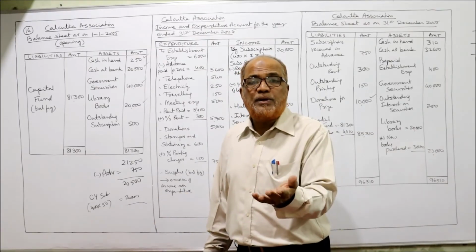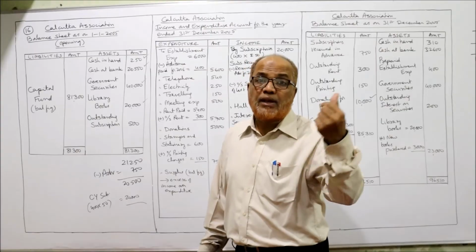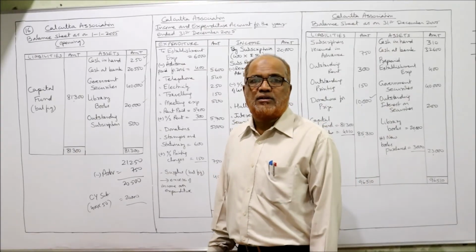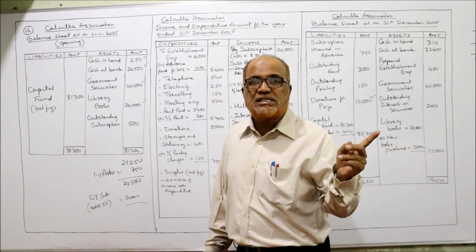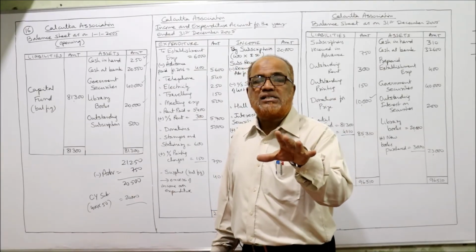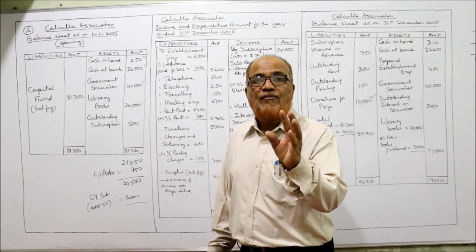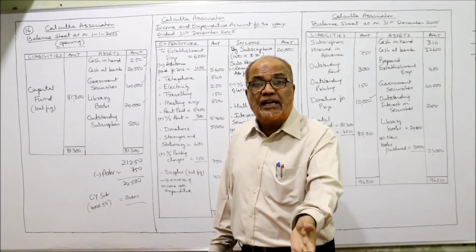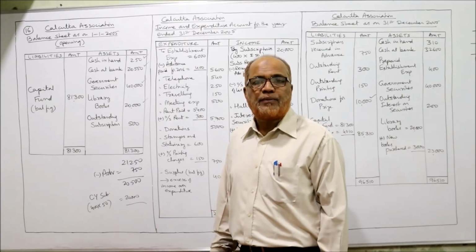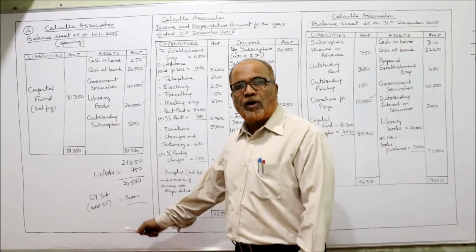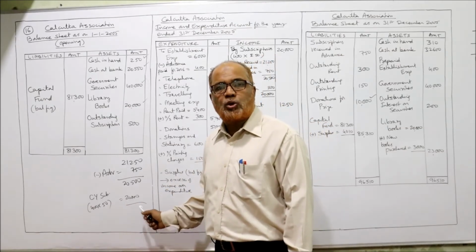So this 500 rupees, for which period have we received it? We have received it for last year. That means last year's subscriptions were outstanding. How much outstanding? 500. That is the hidden point, not given in the problem. The clue is given: 400 members, 50 rupees each, 20,000.